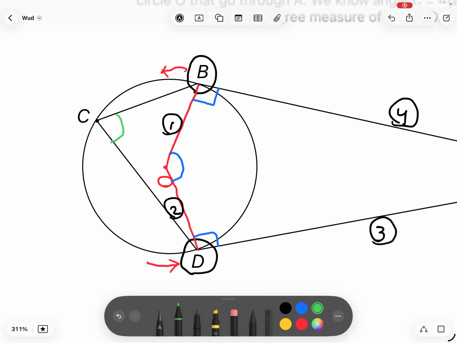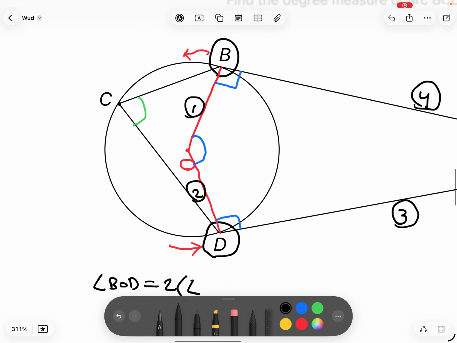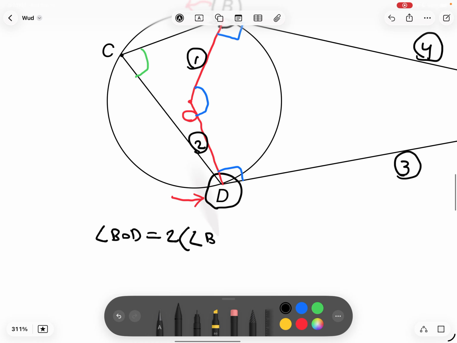So angle BOD must be twice the measure of angle BCD, the smaller one in here, the green one.